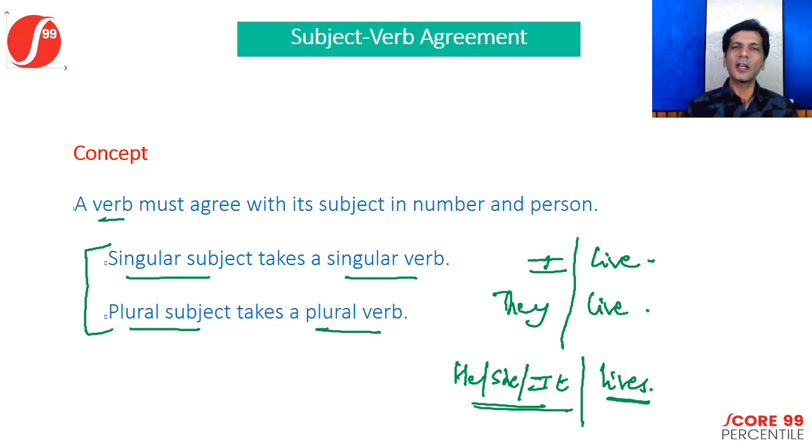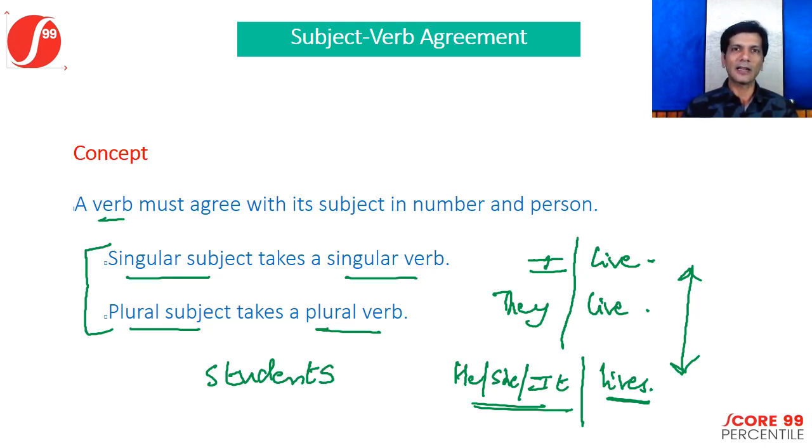So just as, let's say for example, you're talking about a simple noun like student. For a wide variety of nouns, just by adding an s at the end of the word, you can make that singular noun into a plural noun. But that logic doesn't work with verbs. You have to be extremely cautious when you're dealing with verbs. So whenever you are in doubt whether the verb is in a singular form or a plural form, just remember this example.